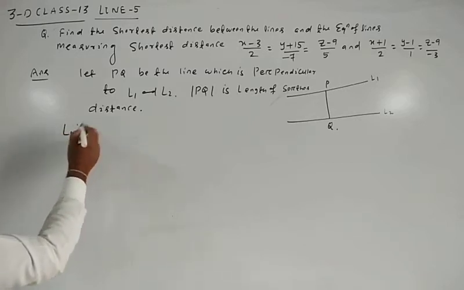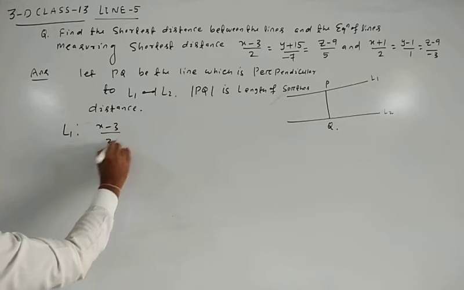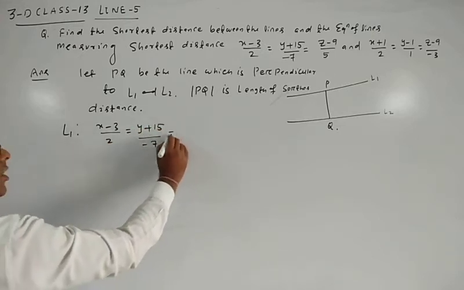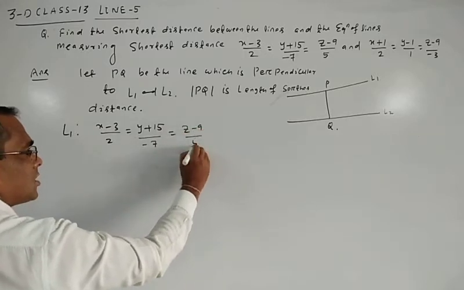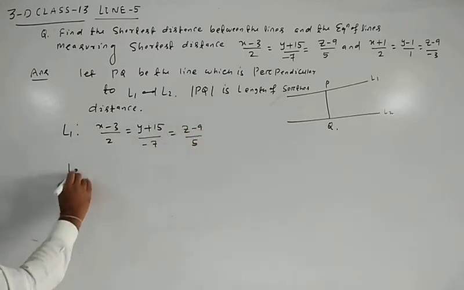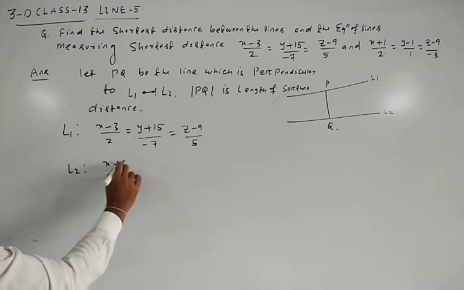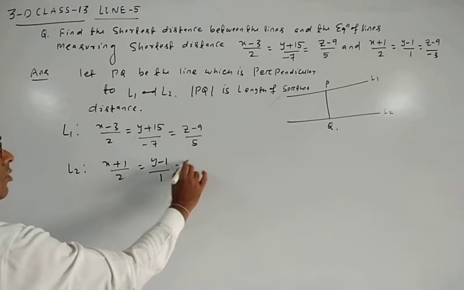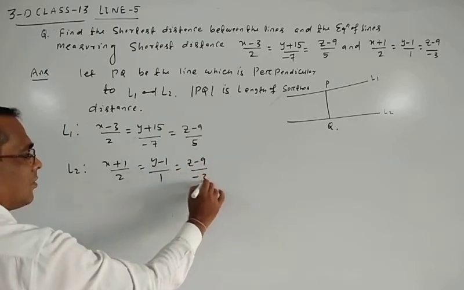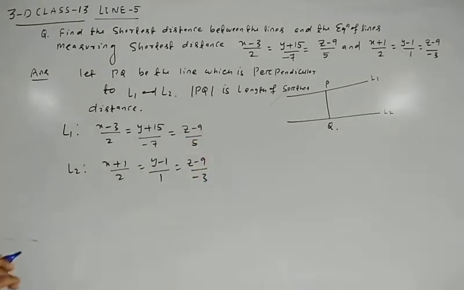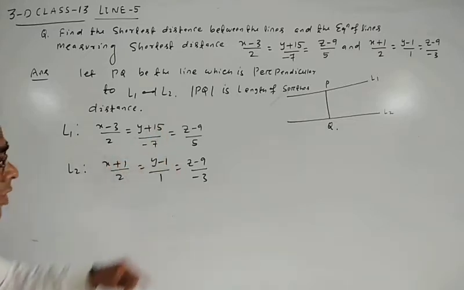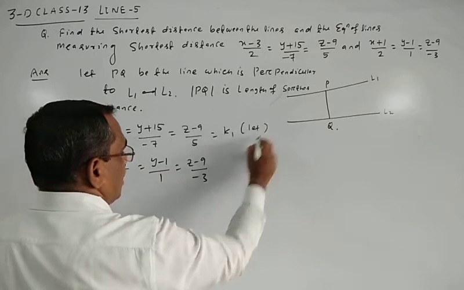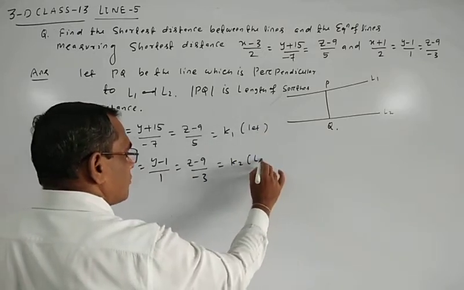So here L1 is (x minus 3) by 2, (y plus 15) by minus 7 equals (z minus 9) by 5, and L2 is (x plus 1) by 2 equals (y minus 1) by 1 equals (z minus 9) by minus 3. First we take any point on the first line, P; let this be equal to K1 and this be equal to K2.